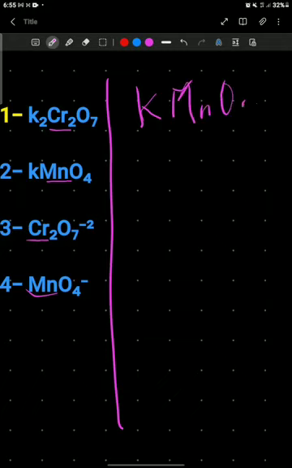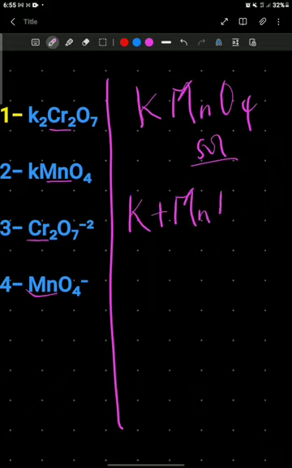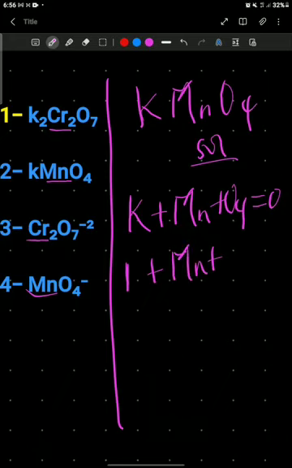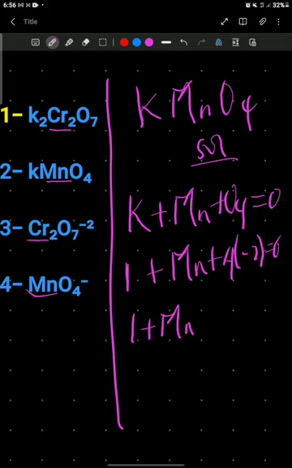So the next one is KMnO4. So the solution to this: we have potassium plus Mn plus O4. They don't have a charge, so everything is equal to 0, neutral. Potassium is group 1, plus Mn, plus oxygen is minus 2, so 4 times minus 2 is minus 8, equal to 0.